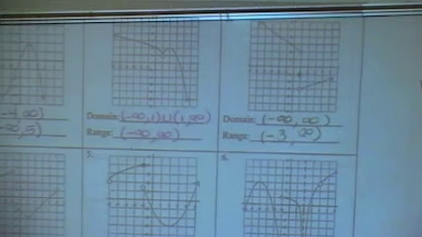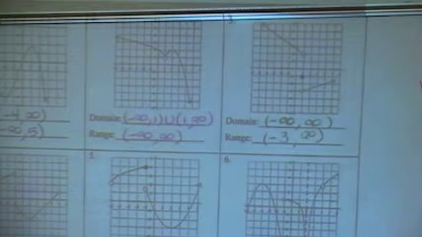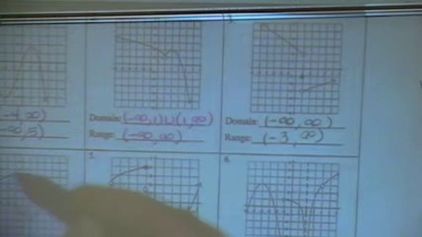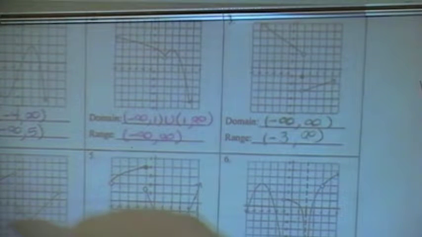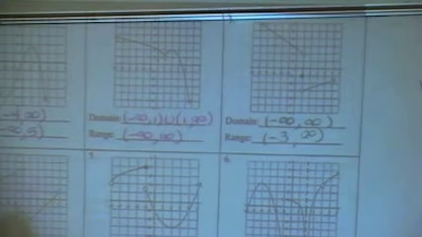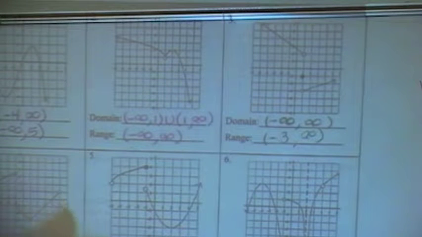Alright, this domain does have open holes here. So there is no value at -1 because there's not a solid place at -1 at all. So it's going to be 2 separate pieces, negative infinity to -1 and -1 to 5. Parentheses because of the open dots.